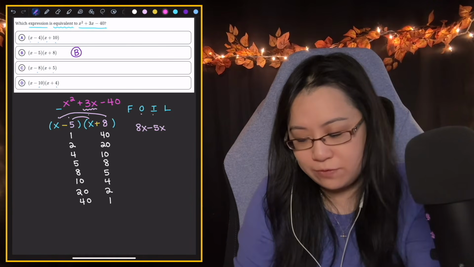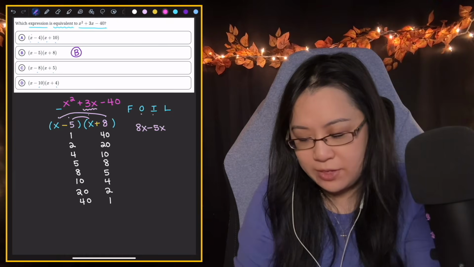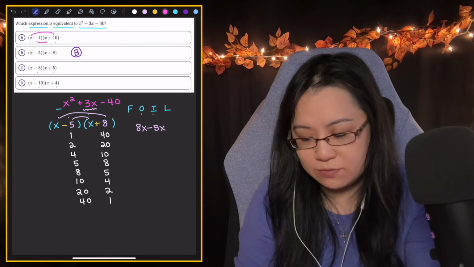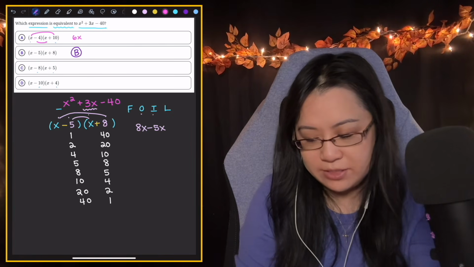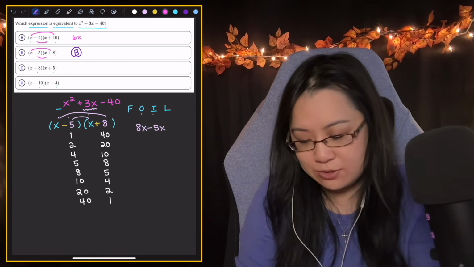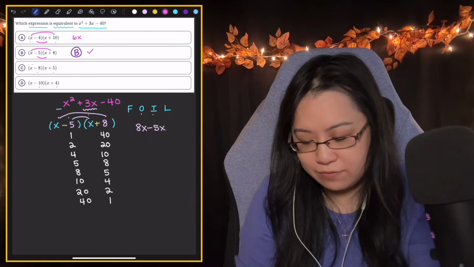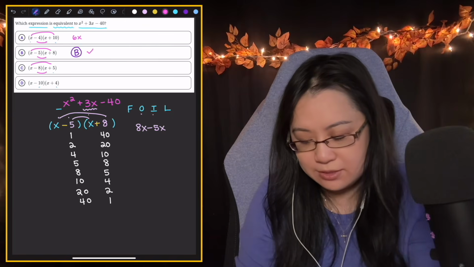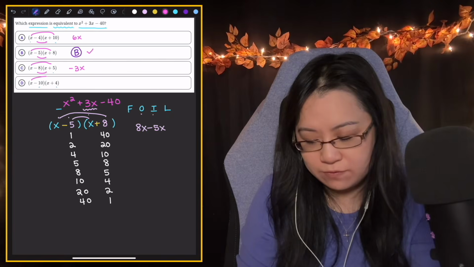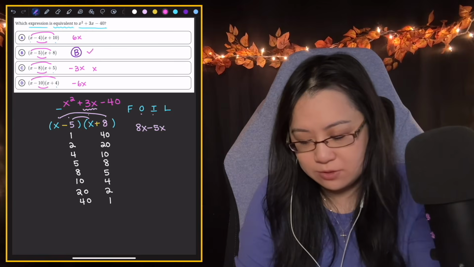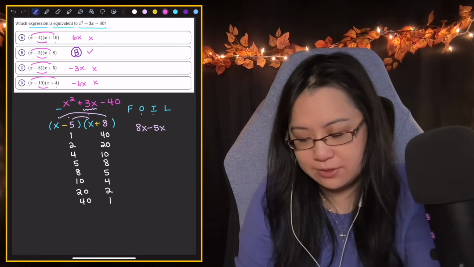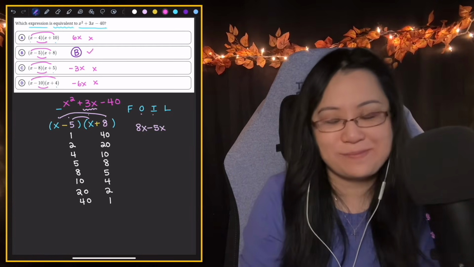So for the first one, for instance, we have 10x minus 4x, so that would be 6x. Our B is correct. We have 8x minus 5x is plus 3x, so that's good. We have 5x minus 8x is negative 3x, not quite. And then we have 4x minus 10x is negative 6x. So that's why the other ones are incorrect. And B is our answer.